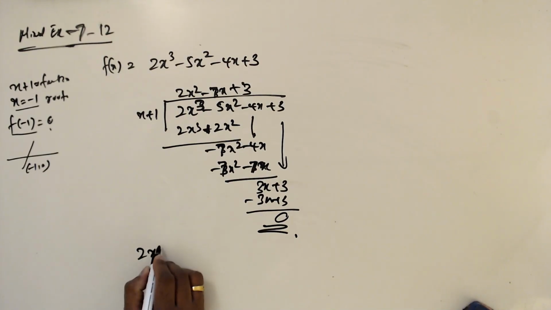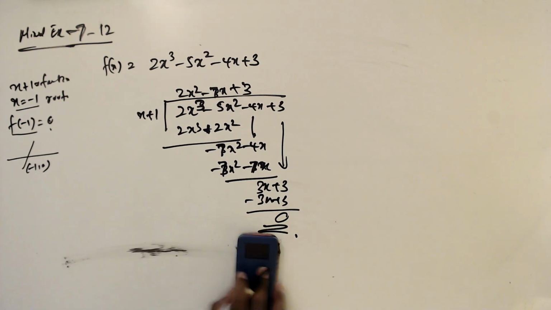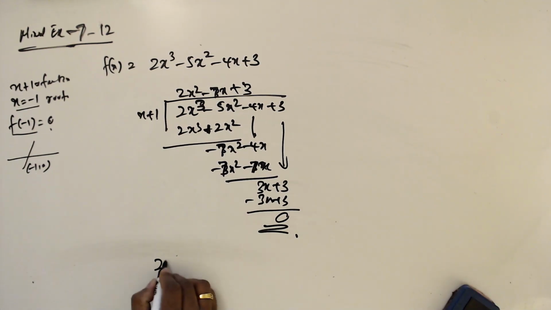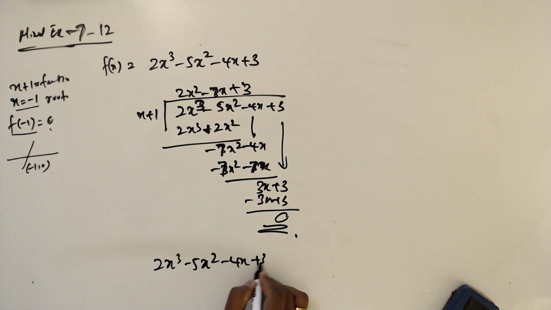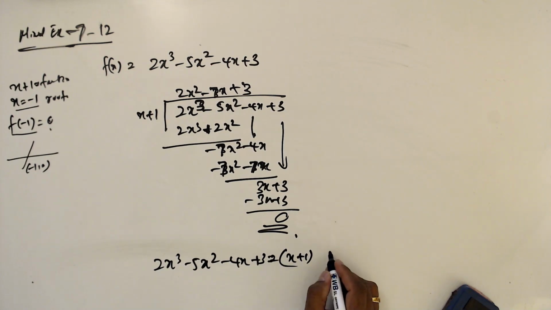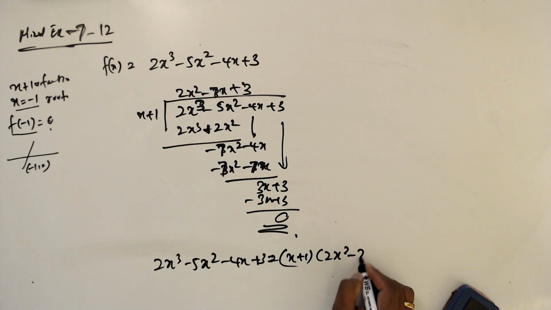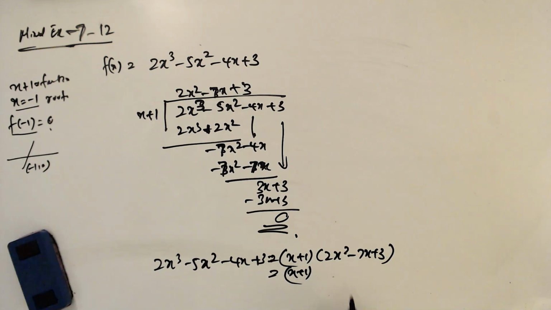Now 2x cubed minus 5x squared minus 4x plus 3 equals x plus 1 times 2x squared minus 7x plus 3, and this I can bracket out as 2x minus 1 and x minus 3.